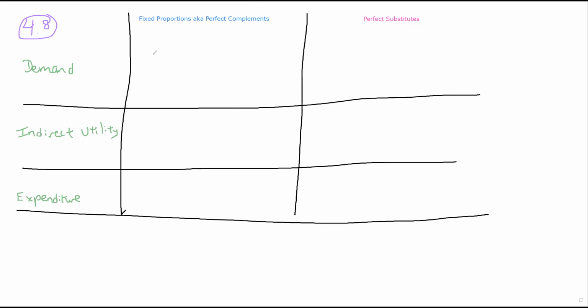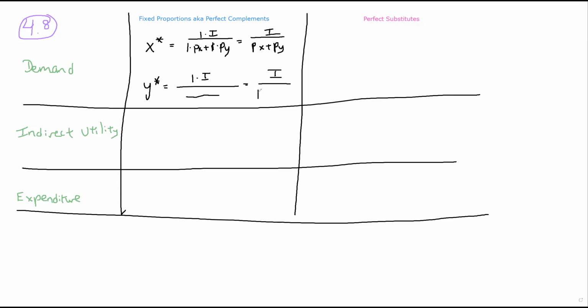Okay. Demand functions for fixed proportions is, and by the way, I'm literally copying this off my cheat sheet, 1 times I over 1 times price of X plus 1 times price of Y, which would simplify to I over price X plus price Y. And Y star would be very similar because this changes from a B to an A now, but A was 1, so it's still 1 times I over, same thing, which is I over price X plus price Y. So these are your demand functions for both X and Y. I want to make sure that's what I have here.